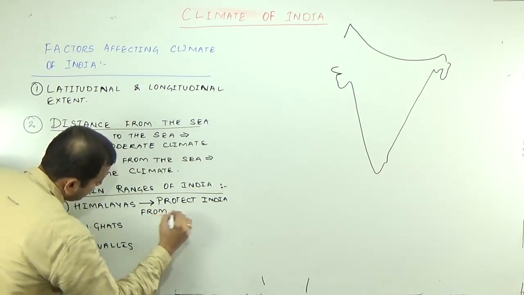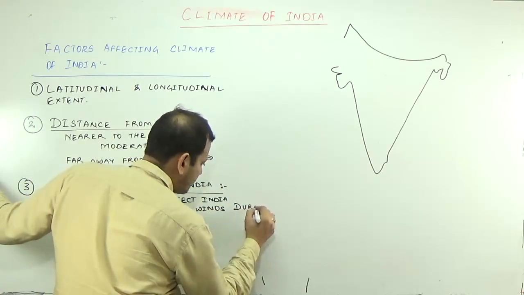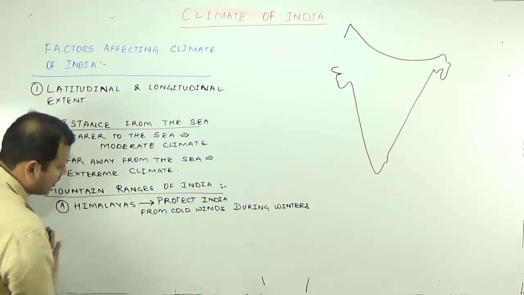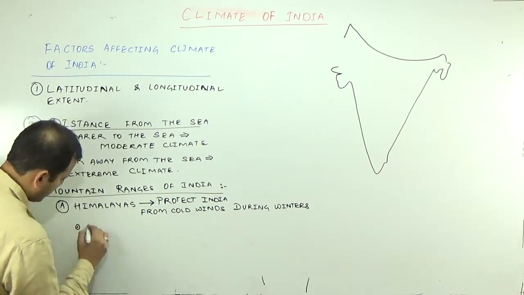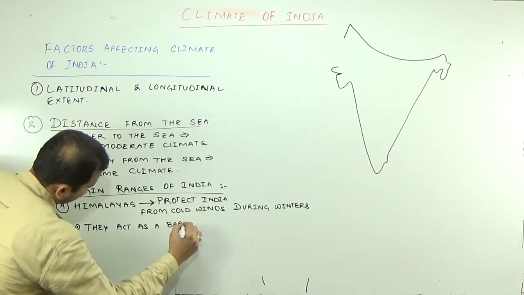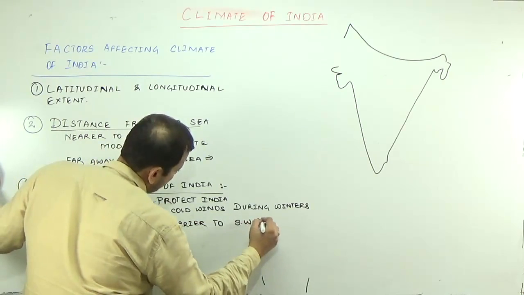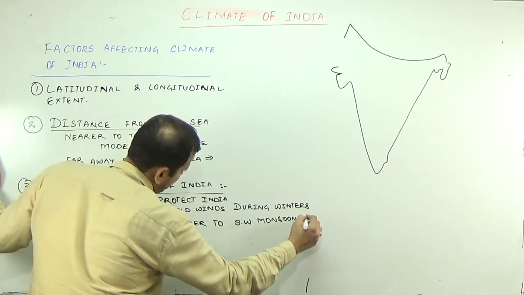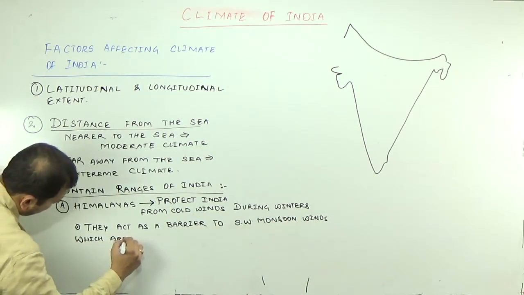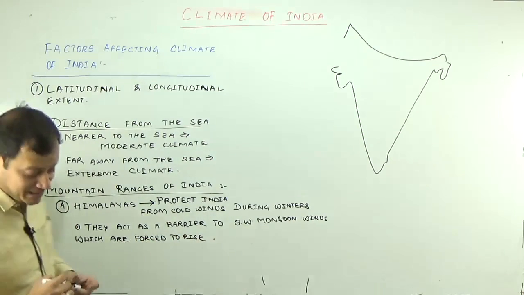from cold winds during winters, and also they act as a barrier to southwest monsoon winds, which are forced to rise along the Himalayas and give rainfall.